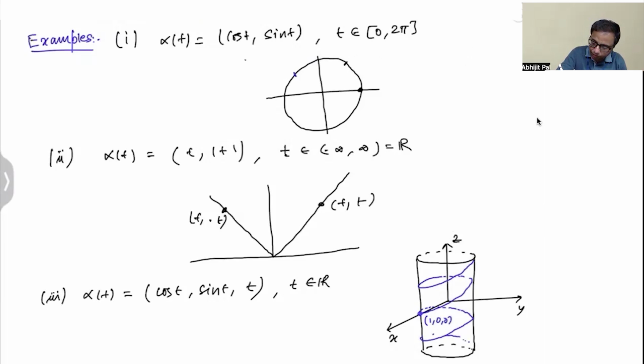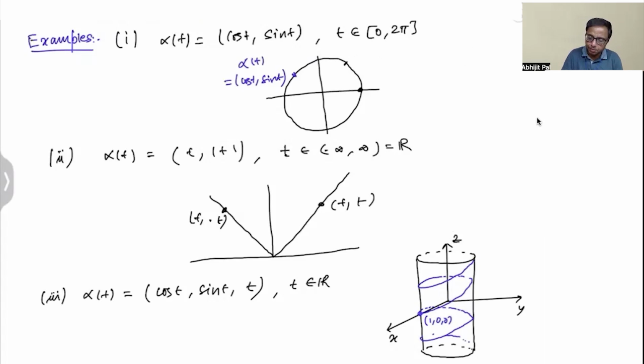If I take any point here, alpha t is equal to (cos t, sin t). Note that in this first example, cos t and sin t are differentiable functions. Therefore, this curve alpha t is differentiable.